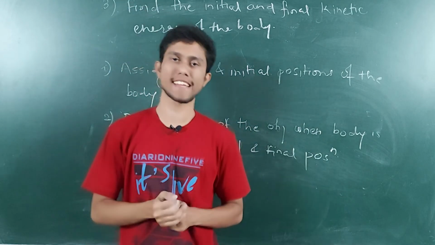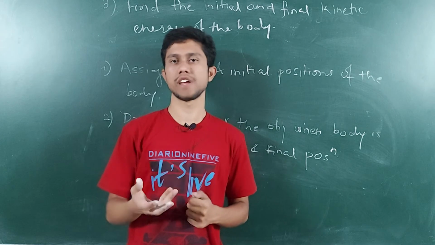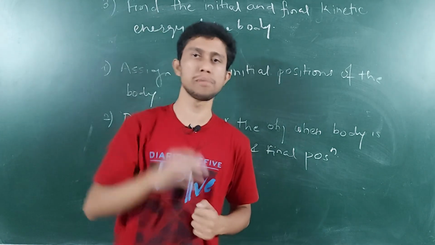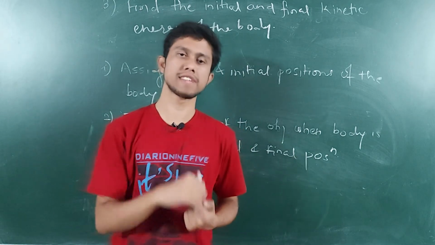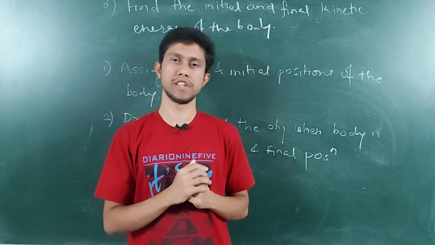How will you find the initial and final kinetic energy of a body? For this you'll require initial and final velocities. So you have to see what the initial velocity is when we have dropped the ball. That will be equal to 0 in that specific case. But if there is another case, you have to find the initial velocity and subsequently the kinetic energy.